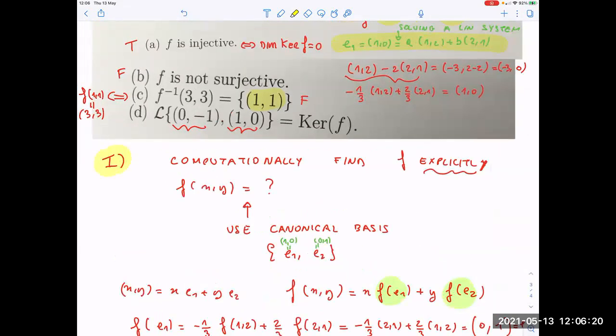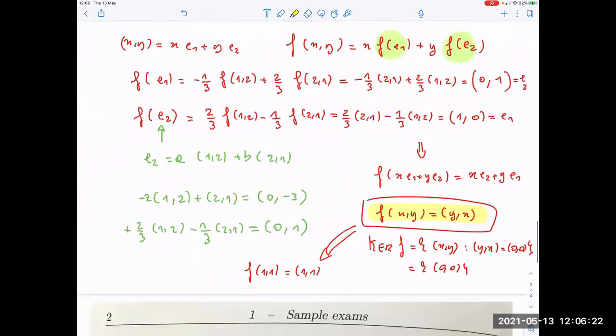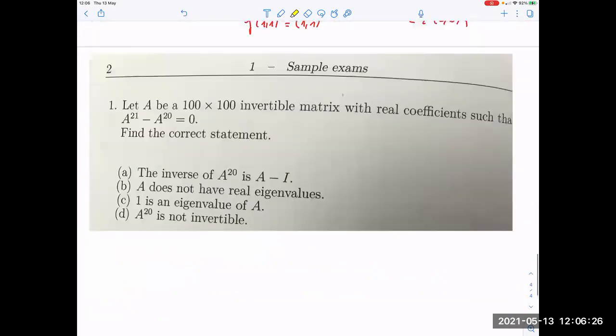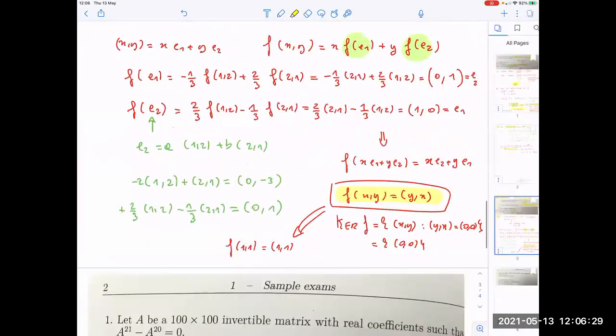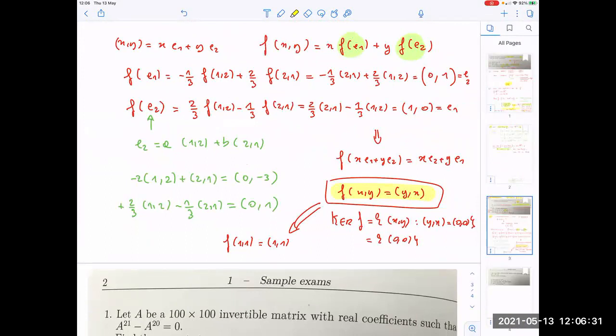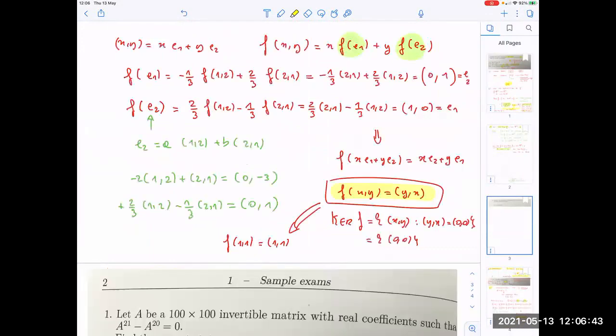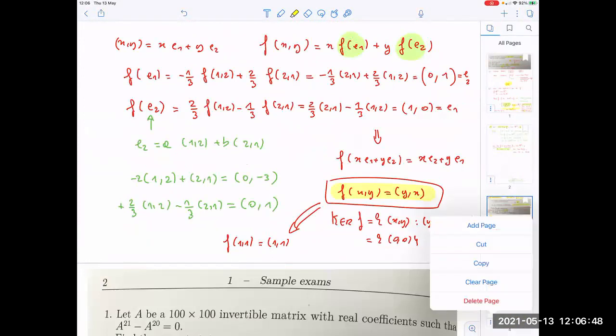So how can you do this computing less? Well, it can be done. Oh, sorry, I didn't add the page. So I want a new page here. Maybe I have to add it here.